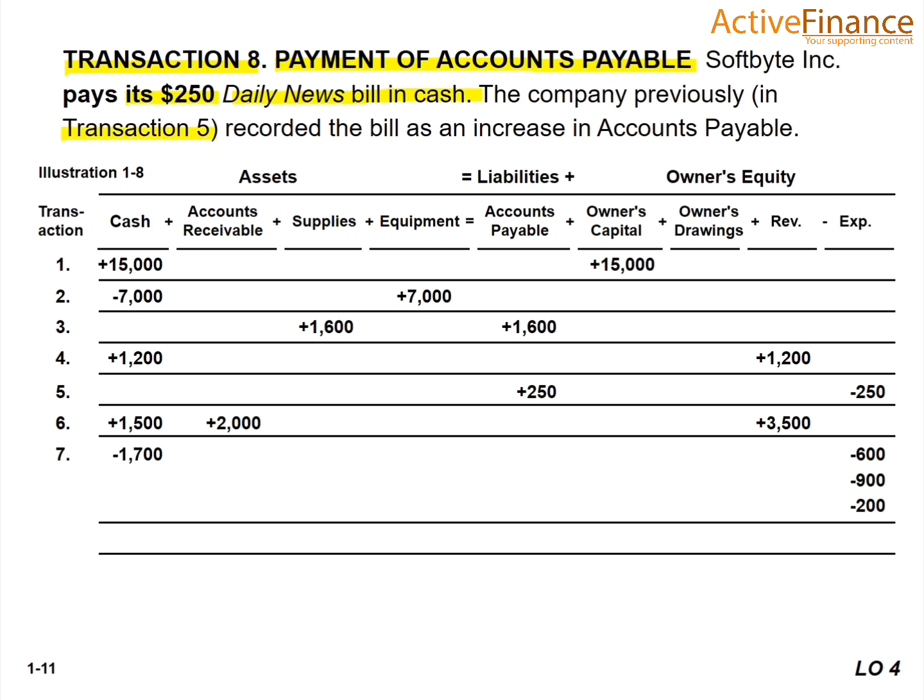We are mentioning the transaction number in which we made the accounts payable. So record the bill as an increase in accounts payable. So we will minus from the cash account $250, and also we will minus from accounts payable, because we have paid this amount to the Daily News bill.